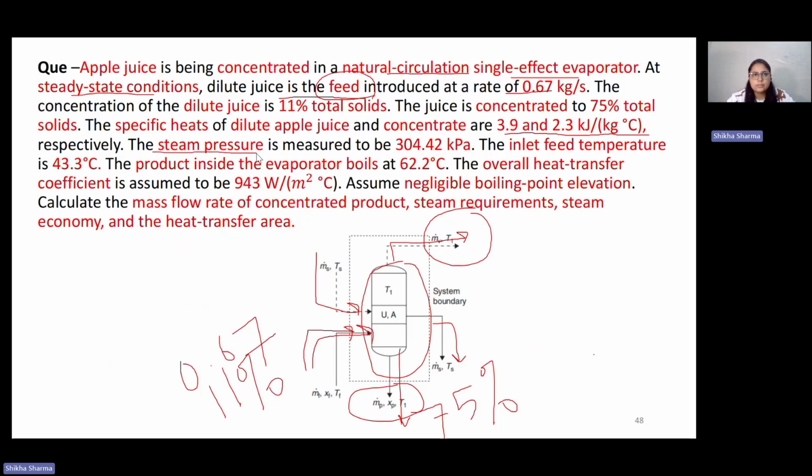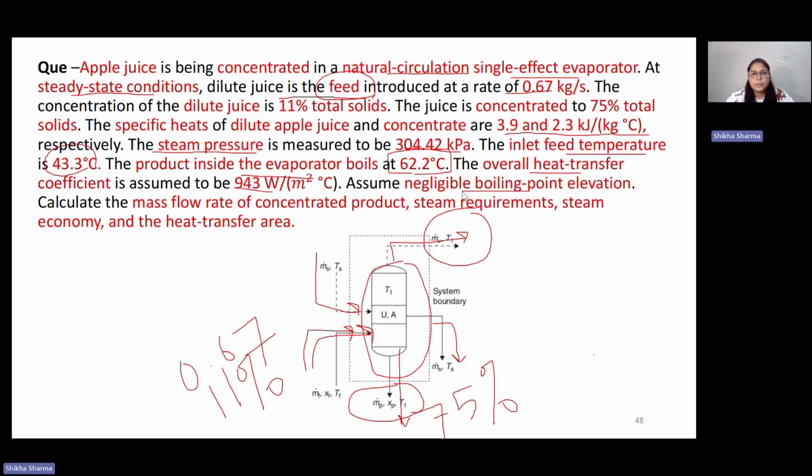And the steam pressure is given as 304.42 kilopascal. The inlet feed temperature is given as 43.3 degrees Celsius, and the product inside the evaporator is at 62.2 degrees Celsius, and the overall heat transfer coefficient is given as 943 watt per meter square degree Celsius.